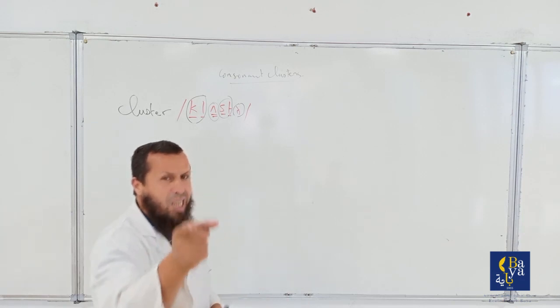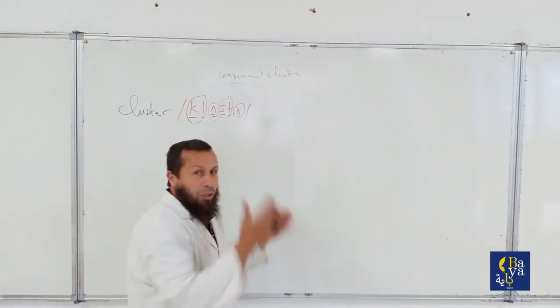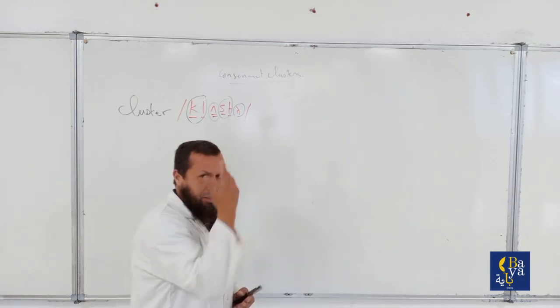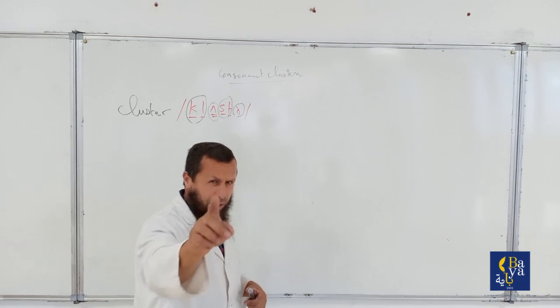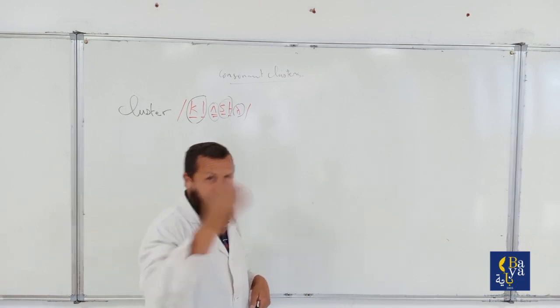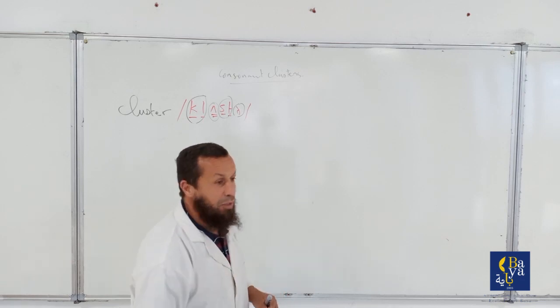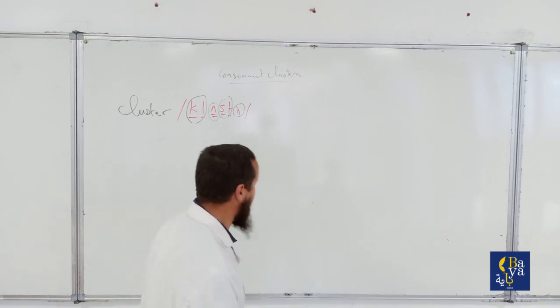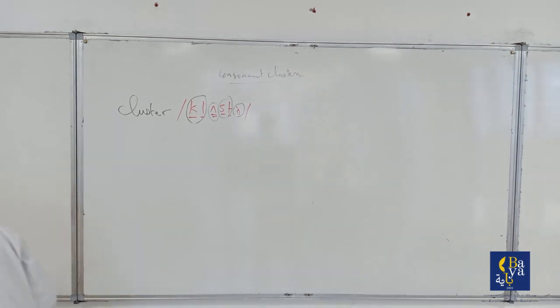From a text, you can have tens or hundreds of clusters in a text. So many clusters. We don't have it in Arabic, okay? In Arabic, we don't have these clusters because between each consonant and another, we have a vowel in Arabic, haraka. Okay, so these are consonant clusters.